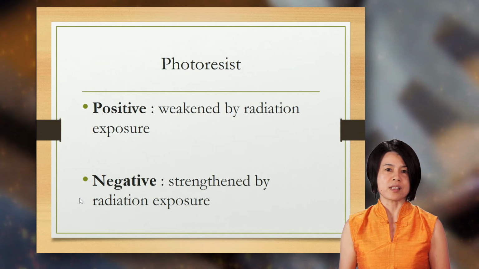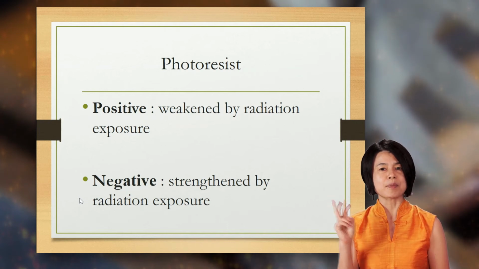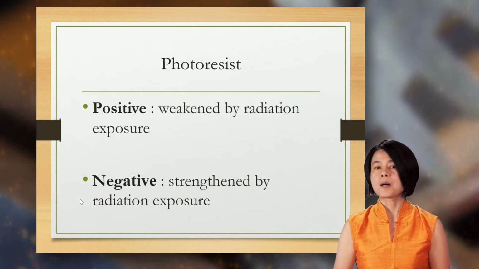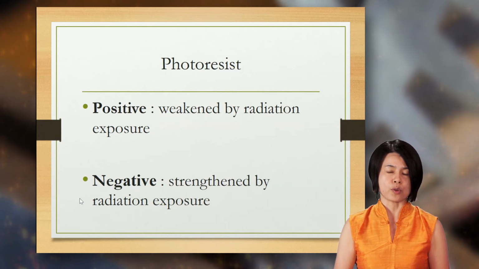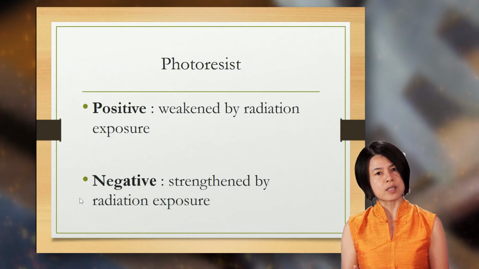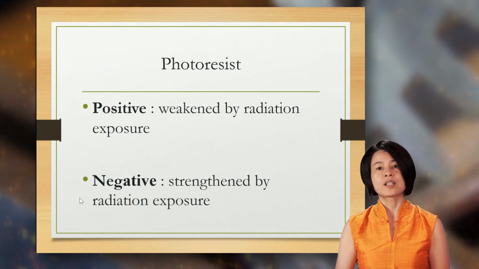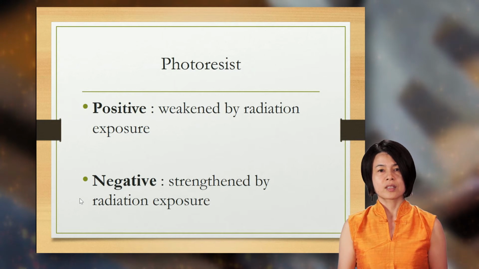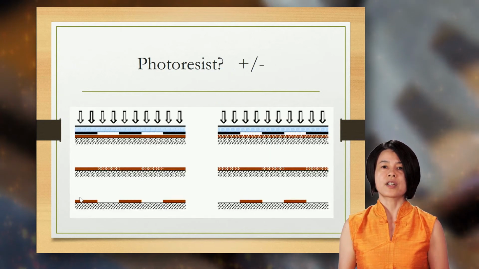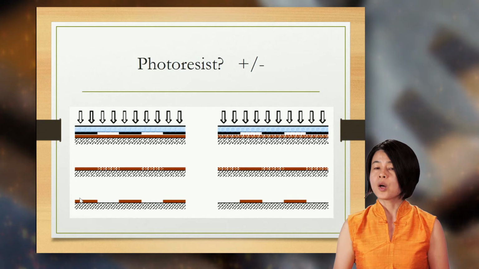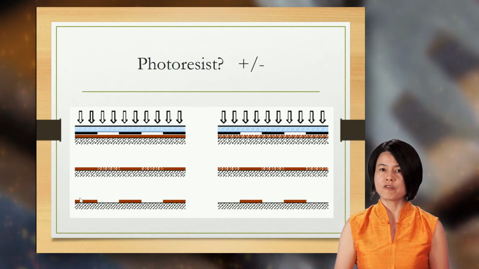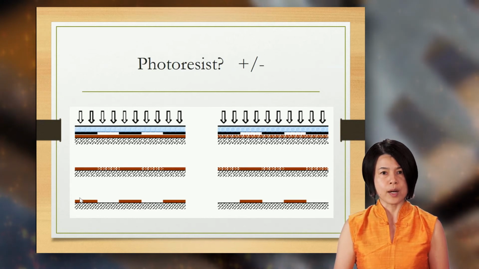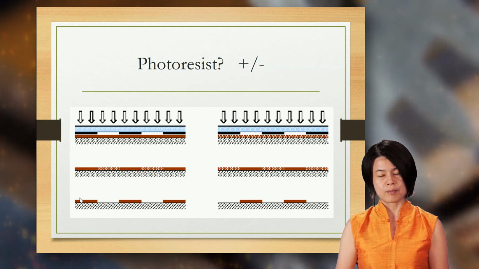Question of photoresist. There are two types of photoresists. A positive photoresist is weakened by radiation exposure, while a negative photoresist is stronger by radiation exposure. There are two figures over here. Can you tell me which one represents positive photoresist and which one is negative photoresist?